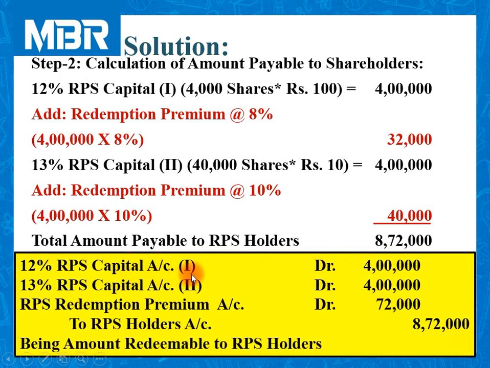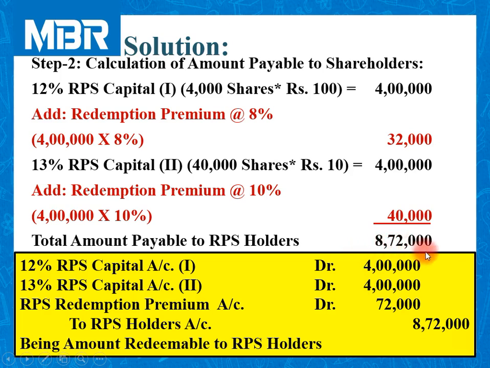Now we need to pass a journal entry. 12% RPS capital account debited rupees 4 lakhs. 13% RPS capital account debited rupees 4 lakhs. RPS redemption premium account debited, as it indicates loss, 72,000 rupees, and the total amount payable to RPS holders is rupees 8,72,000. From this calculation, you can easily identify the figures of RPS capital and RPS redemption premium.